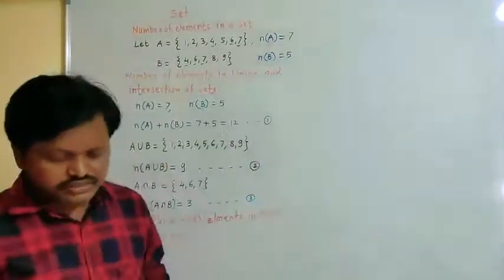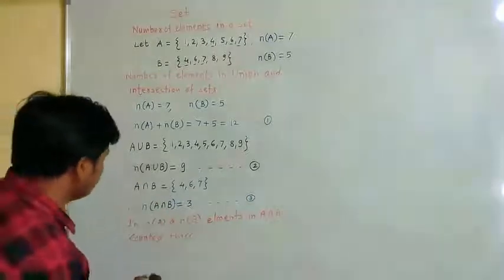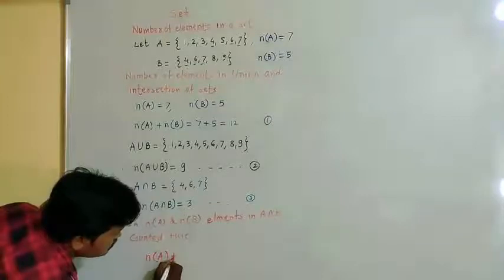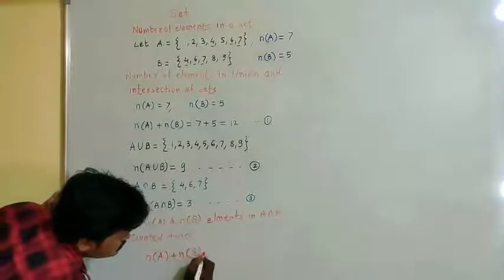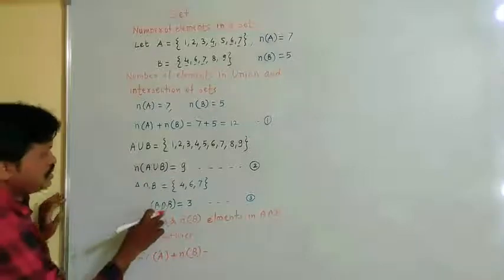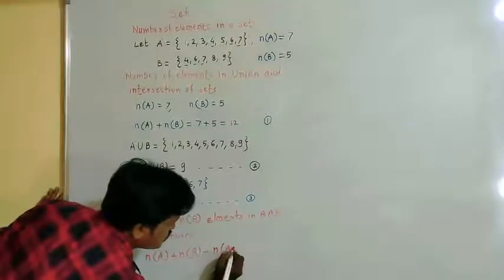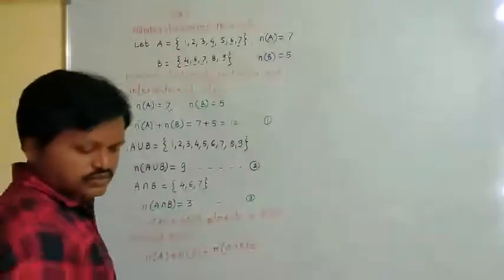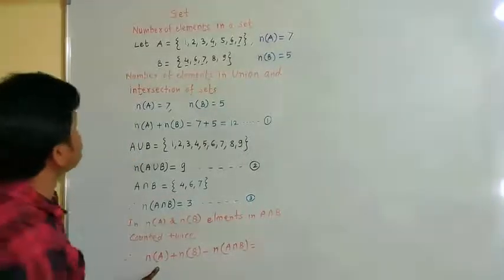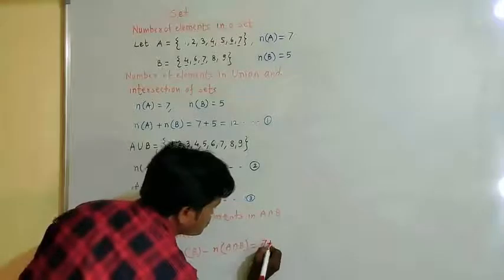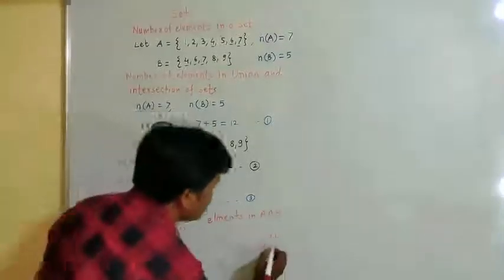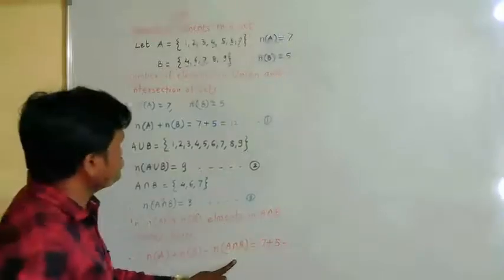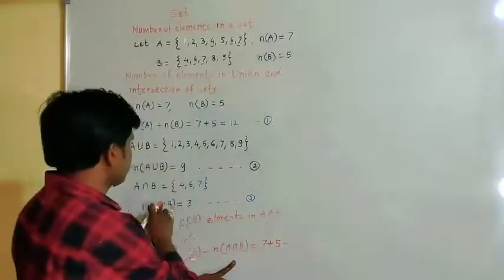Therefore we write the statement as n of A plus n of B minus n of A intersection B is equal to, what are the values? n of A is 7, plus n of B is 5, minus n of A intersection B, which is 3.